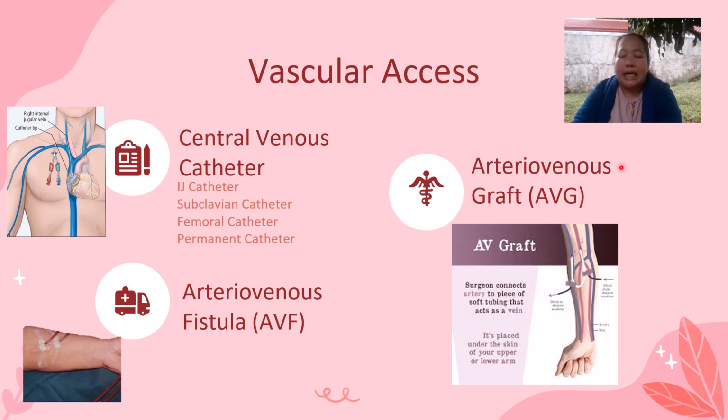An arteriovenous graft is a surgically implanted synthetic tube that connects an artery to a vein, serving as an alternative vascular access for hemodialysis when an arteriovenous fistula is not feasible, meaning if the artery and vein of the patient cannot be used for a fistula. It is too small or weak, thus AVG is needed. Thus a synthetic tube is needed.